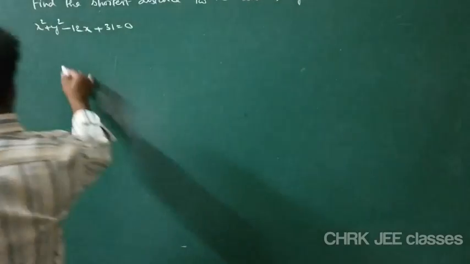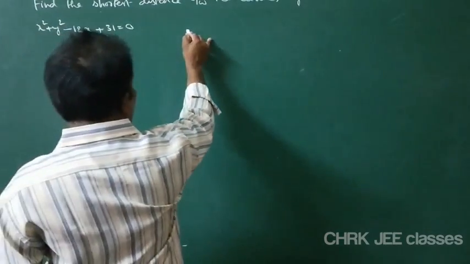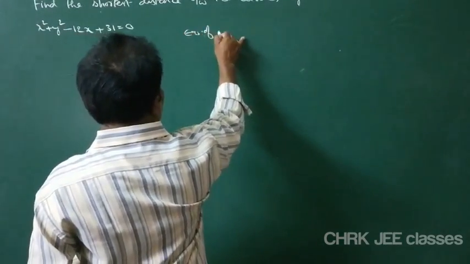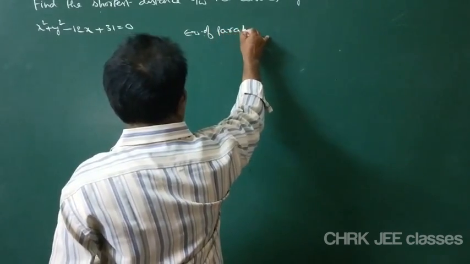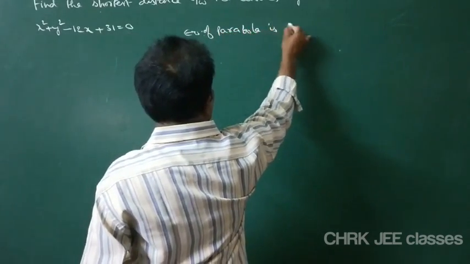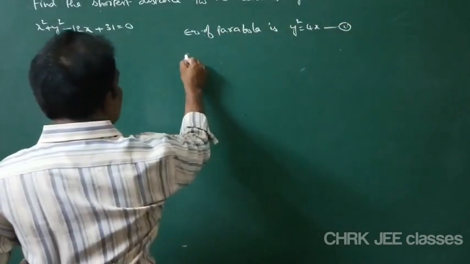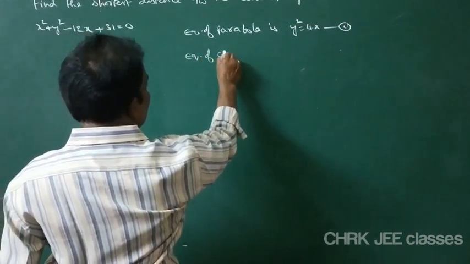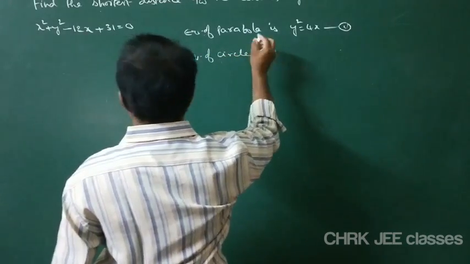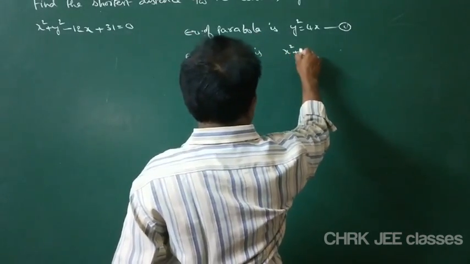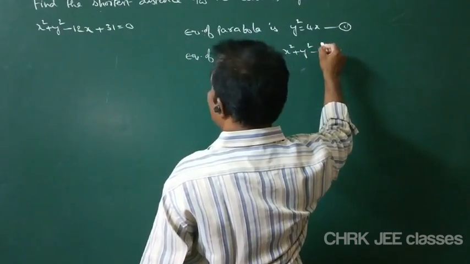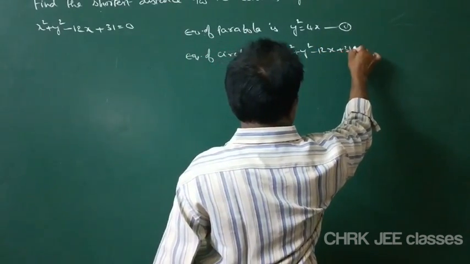Now listen. Equation of parabola is y square equals 4x. Equation of circle is x square plus y square minus 12x plus 31 equals 0.